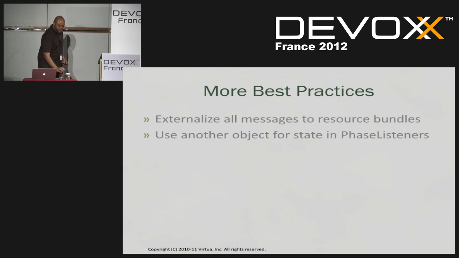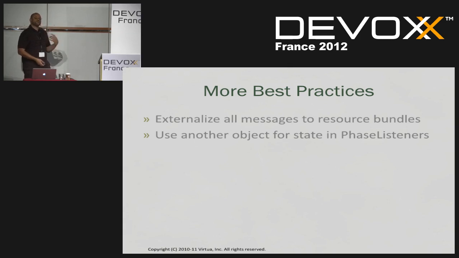But even if you don't need to support multiple languages, if you have a larger application, I like to put all of the display strings in a resource bundle or several resource bundles, because it's a lot easier to maintain. Also, if I have different pages that have the same strings on them, I don't have to put it in different pages and then have one developer spell it differently or say it differently than another. It's always in one place.